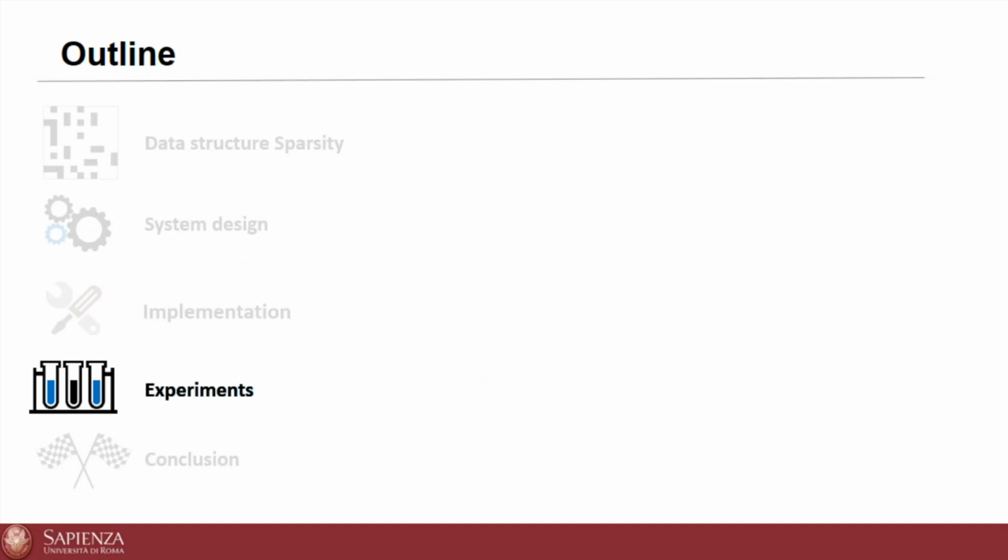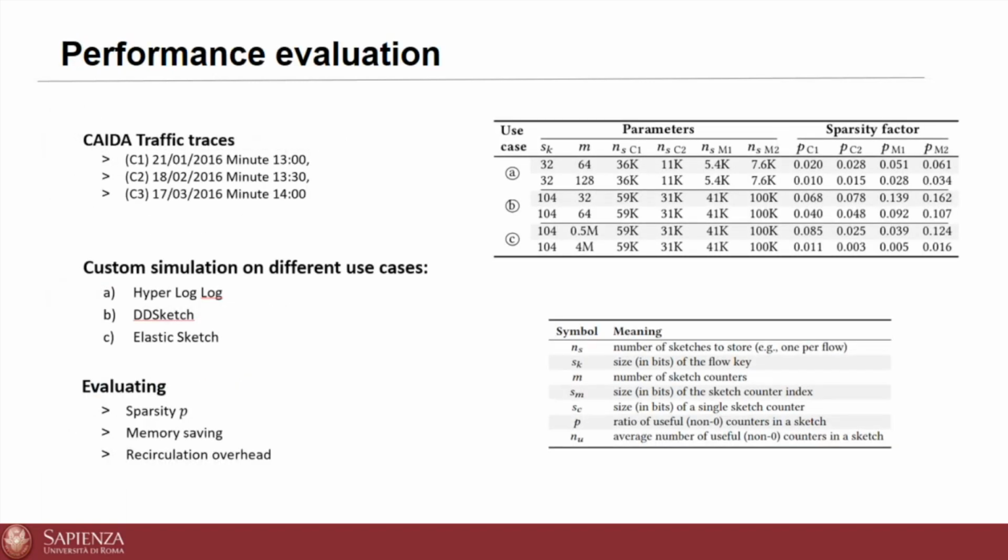We also evaluated SPADA in simulation, with experiments on the three use cases, the three data structures I introduced at the beginning: the HyperLogLog, the DDSketch, and the Elastic Sketch. Our simulation dataset is composed of three CAIDA traces. We evaluated different configurations in terms of number of buckets for these different data structures.